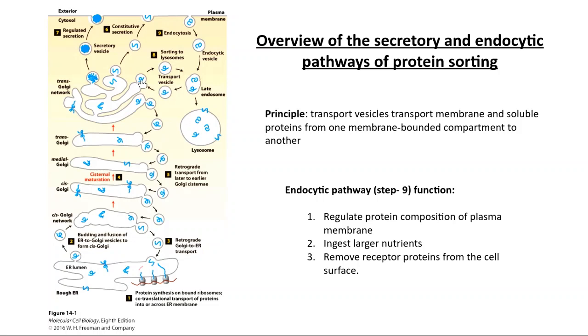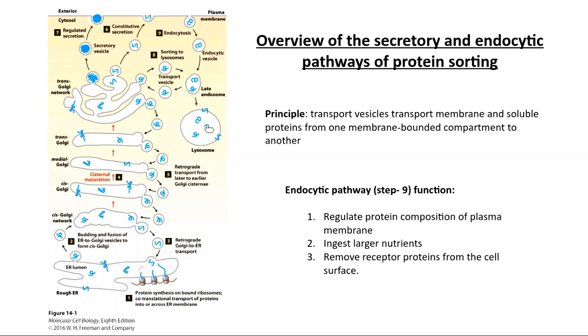So what happens? These vesicles bud off. They mix with an organelle called the late endosome. The late endosome is specified by the presence of low pH, about 5. Okay, pH 5. That means it has an acidic nature. So vesicles get fused with the late endosome, and then the late endosome itself fuses with a lysosome.